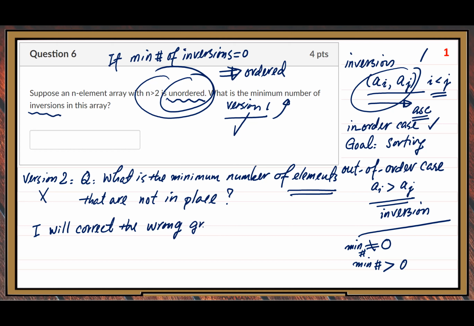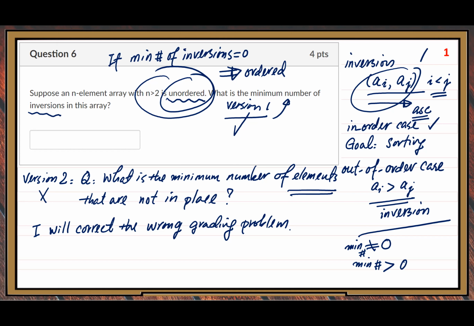After I show you the answers, later I need to open up the answers. When you see the answers, look at this question. If you did it correctly but you didn't get the point, then I will give you the 4 points back.